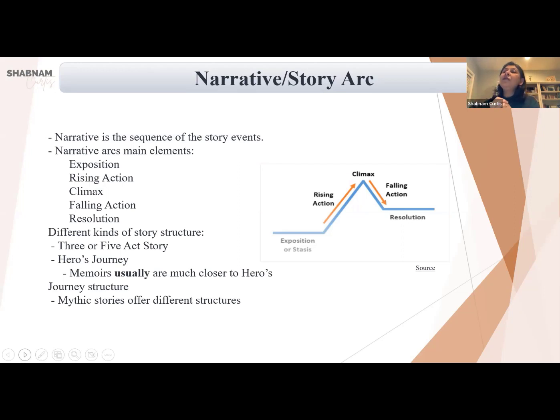So if you are writing about a different culture, I highly recommend going through some of the folklore, myths, and tales of your culture to see how your story can fit that structure, as far as the exposition, the rising action, the climax, and the falling action. How does that work for you?